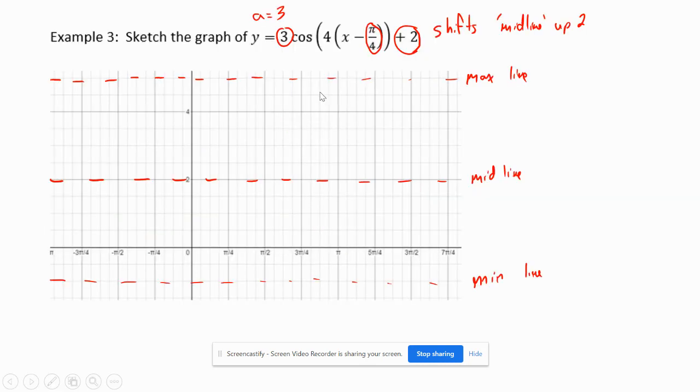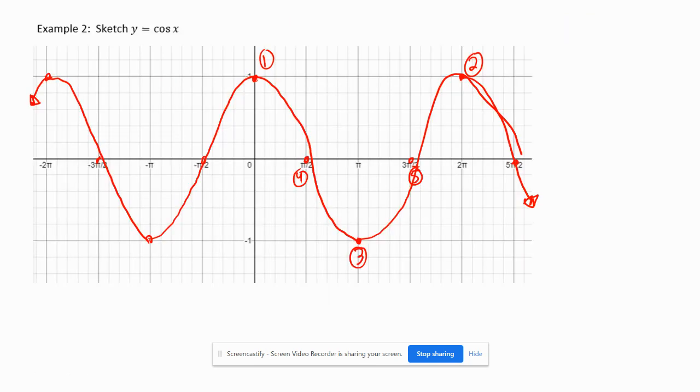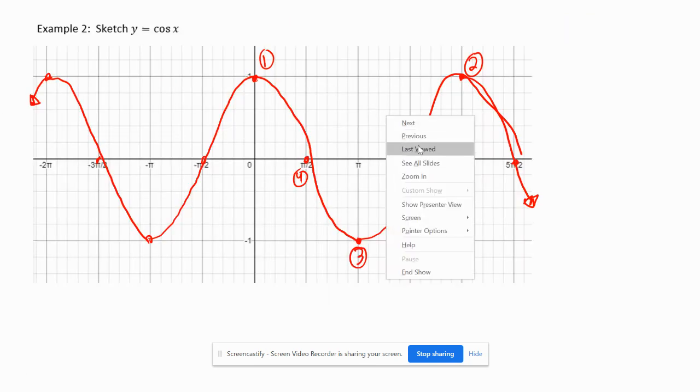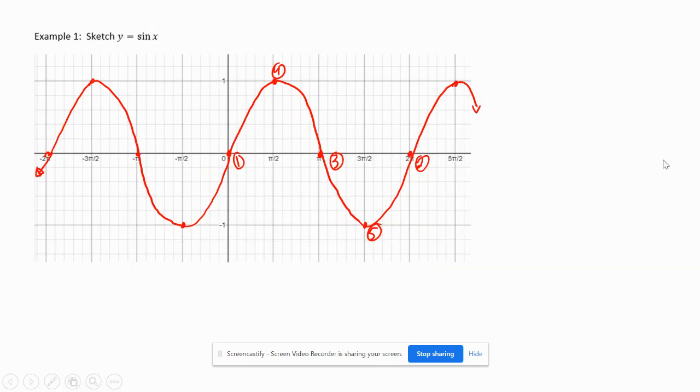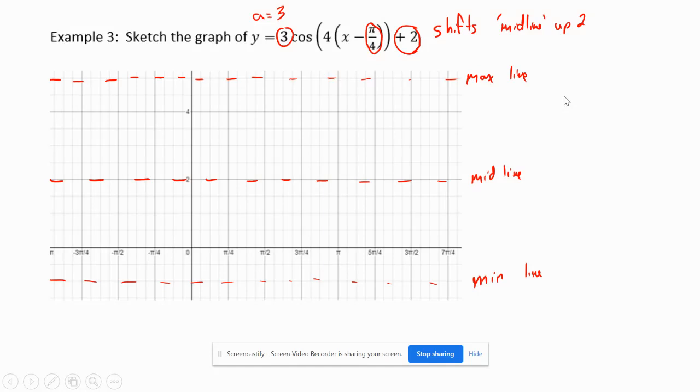So normally this graph would be starting here, but it has been moved π/4 to the right. That means my first point is going to be here.